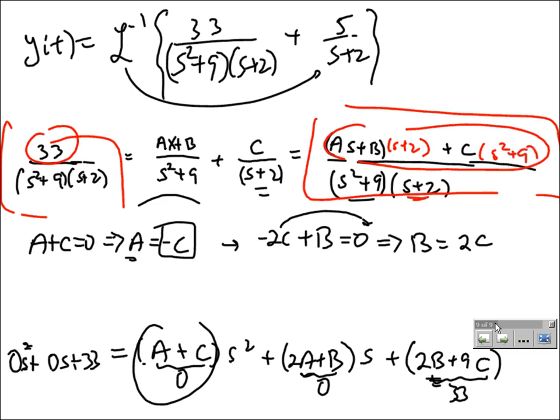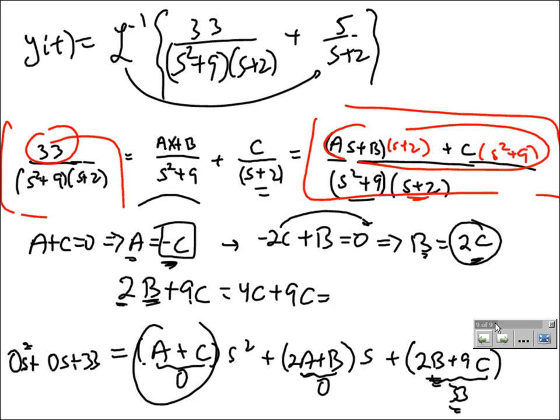So instead of a, I can write negative c. Instead of b, I can write 2c. And instead of c, I can write c. So 2b plus 9c, on one hand, equals 33. On the other hand, b is 2c, so that's 2 times 2c, which is 4c, plus 9c is 13c.